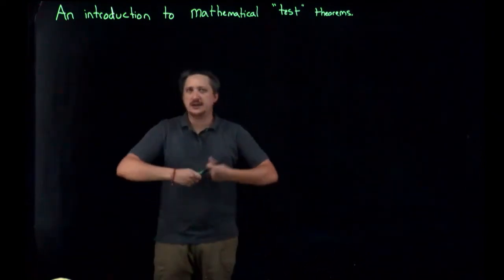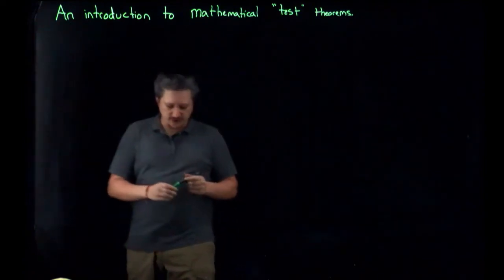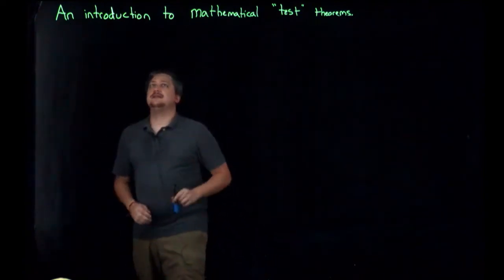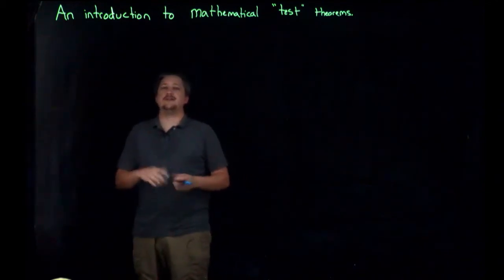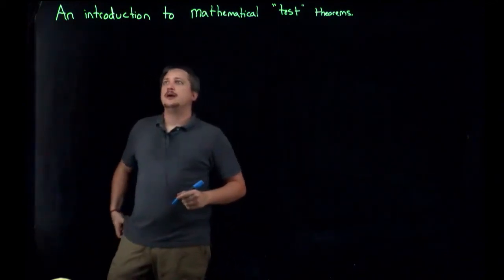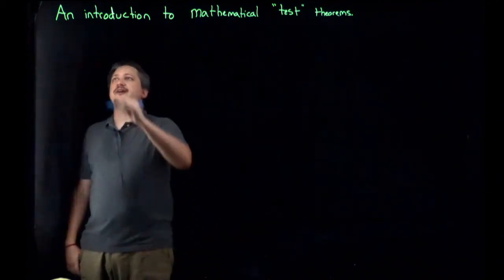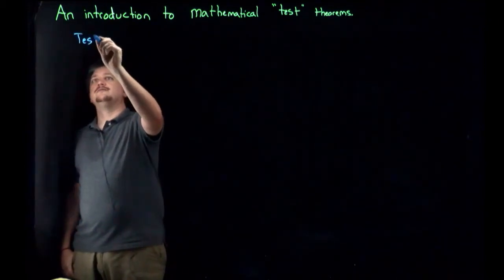So let me give an example. Actually, let me use a different color. Let me give an example as a way to start, and then I'll talk about these things in general. So we've already done, as a convergence test, the test for divergence.